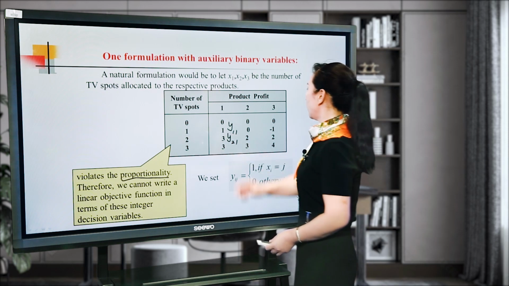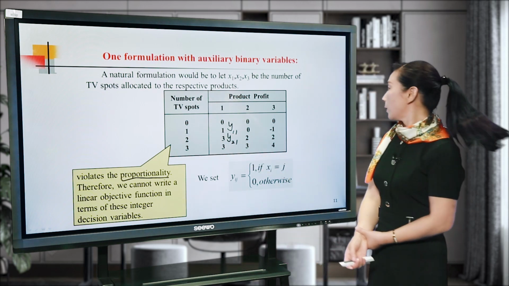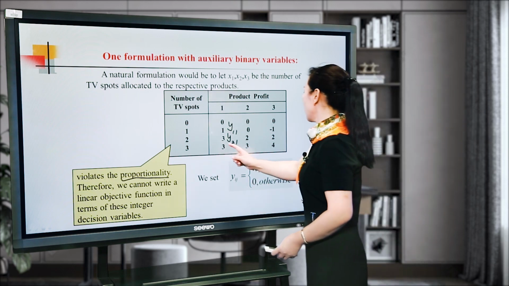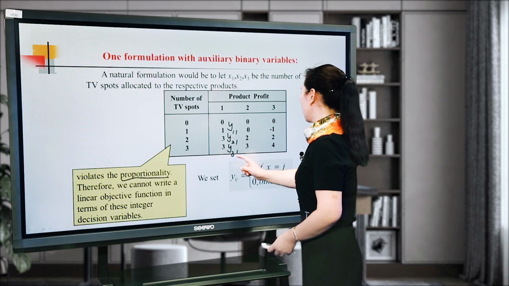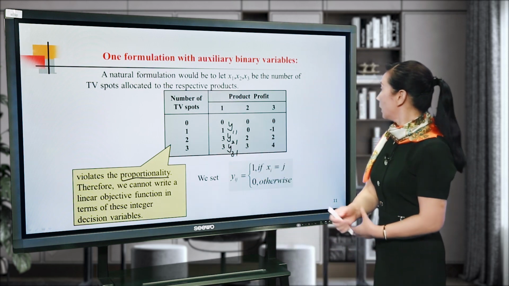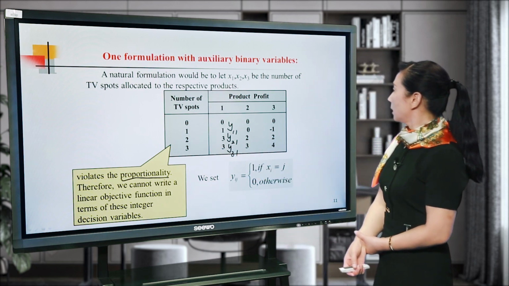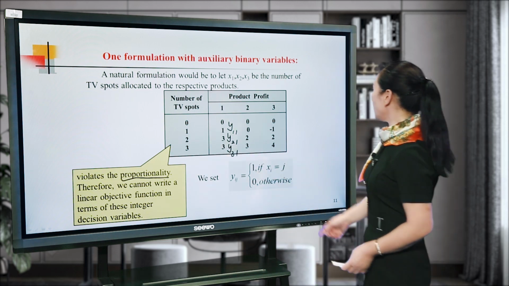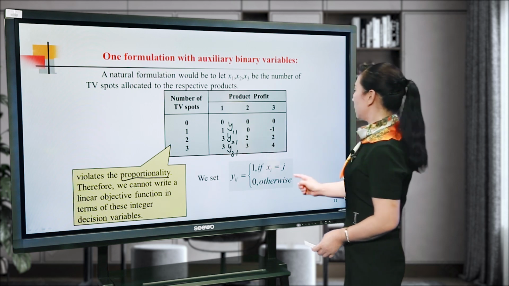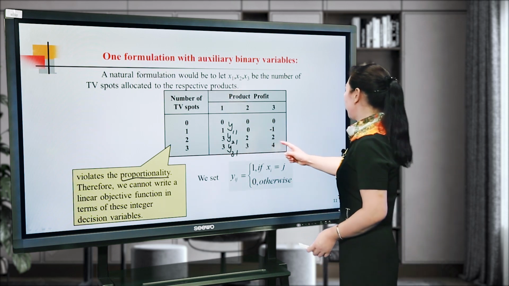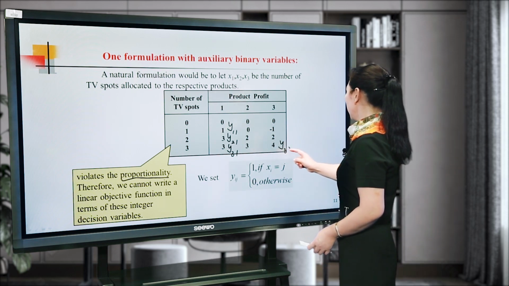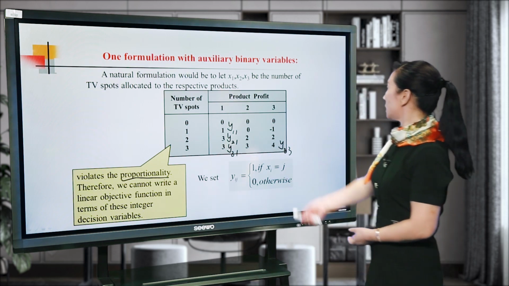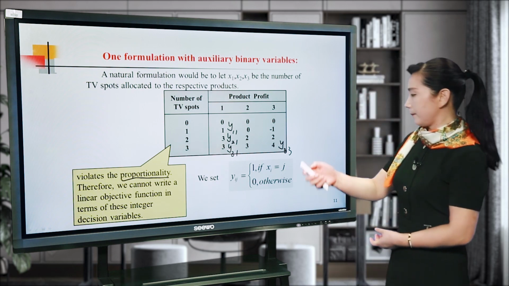Y12 means product 1 purchases 2 TV spots, and Y13 means product 1 purchases 3 TV spots. So there are 9 binary variables in this table or in this program.